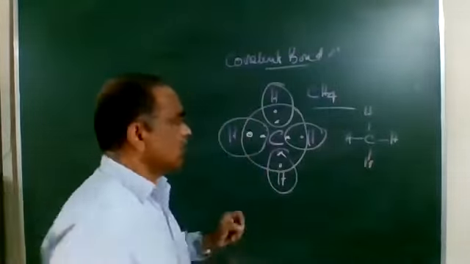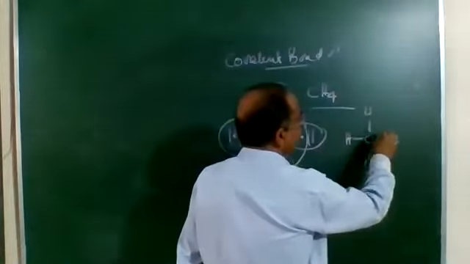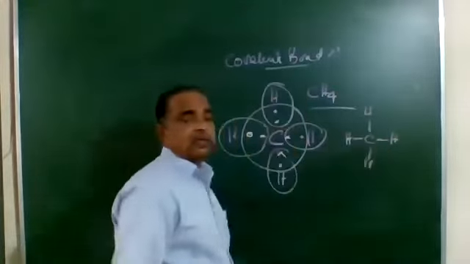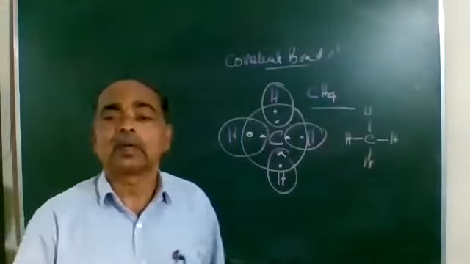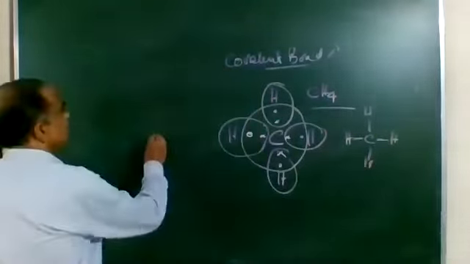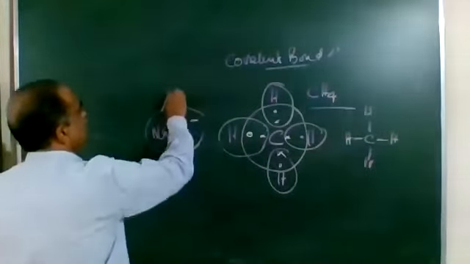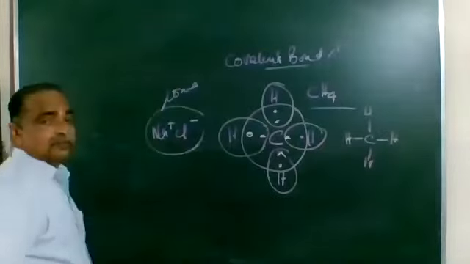Now here in this method, what has happened? There is no difference of charge, or even if the charge difference is very minute, the force of attraction in a covalent compound is very weak. Remember, Na plus and Cl minus have a strong force, and that is why it is ionic.